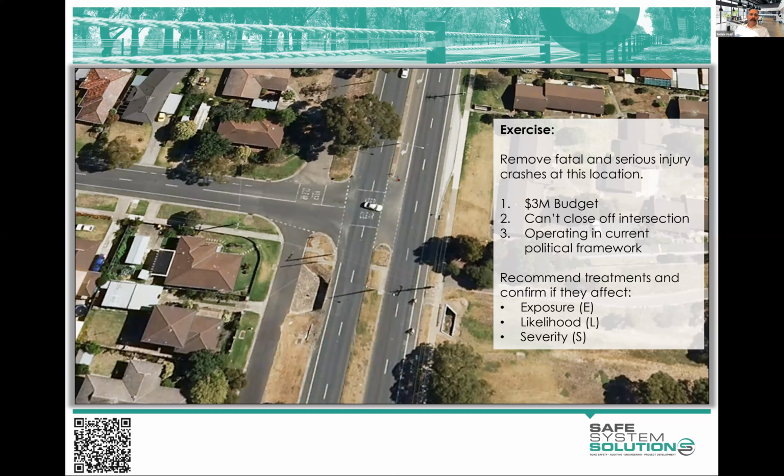Do we have any questions about this site? I've given you some traffic volumes there. I've given you some information about what's around there. Usually at this point, somebody wants to know the crash history.